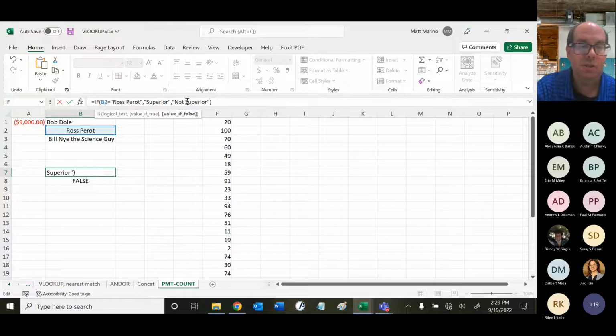But in some examples, you'll just use true or false. Like you said, on the exam, they want you to put certain words instead of true or false. So that's why I show you the example. So in this if statement, we're saying if B2 equals Ross Perot, then it's true. If not, then it's false.